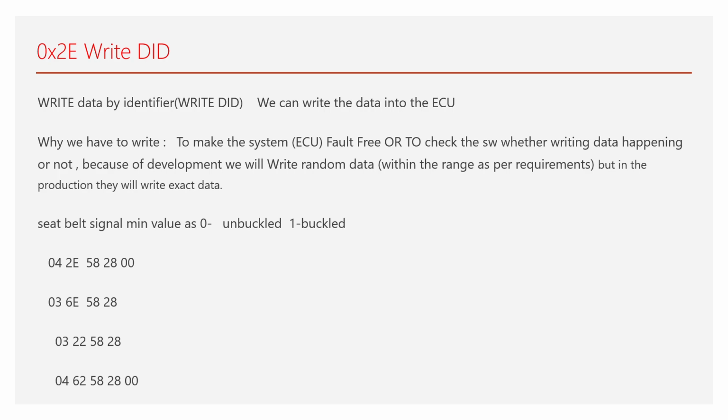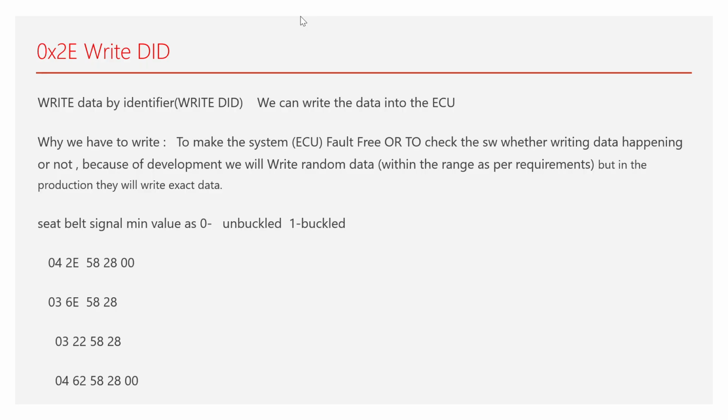In this video we get the question: why do we have to write the data into the ECU? I will explain that today. The system ECU should be fault free. To make the system fault free, we check whether the software writing the data is happening or not.